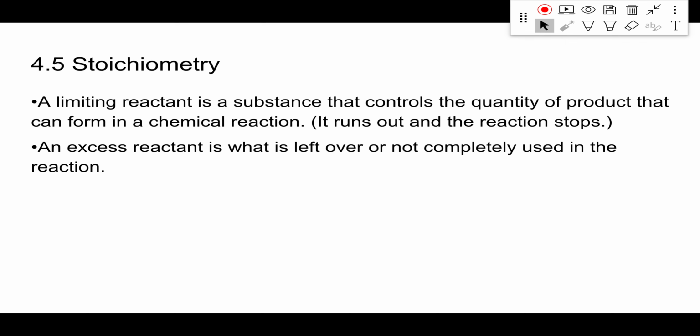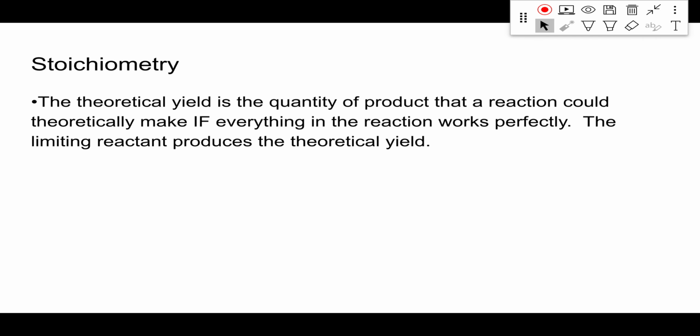And so in our stoichiometry problems, we're going to have to be able to figure out which one is which, and it takes some math calculations. It takes some conversions using mole ratios. When we do the calculations, our answer is going to be what we call the theoretical yield. Yield is saying how much product.